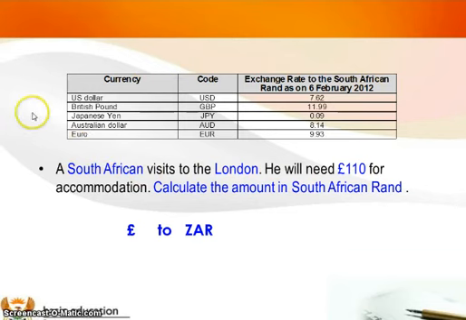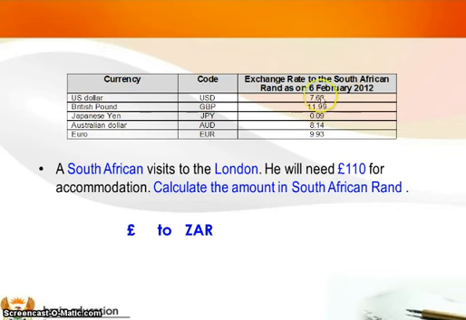The first format would be this format that you see here, where you are given the currency, in this case US dollars, British pounds, Japanese yen, Australian dollar and euro. Down this column here you will see the currency. The second column would be the currency code, and in the third column would be the exchange rate or the price of that currency in South African rand as on a certain date.